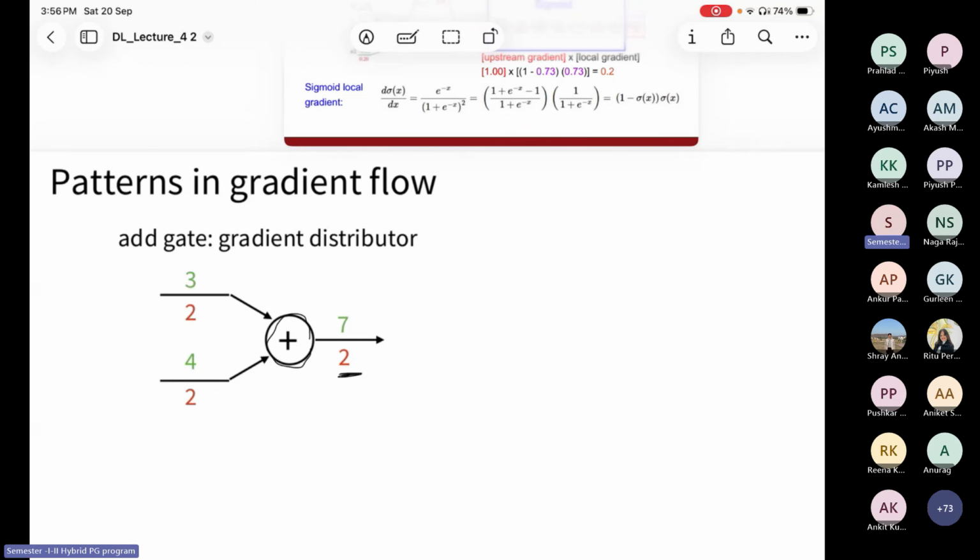What we generally do, we just distribute this to these two variables, because you know that in this case your local gradient will be 1. Okay, so just multiply the upstream with the local, and that will give you the same value what we have here. So 2 into 1, that will be 2. 2 into 1, that will be 2. So whenever you have addition, whatever you are getting here, just pass it to both the variables, and that is the gradient of the final function with respect to this variable.